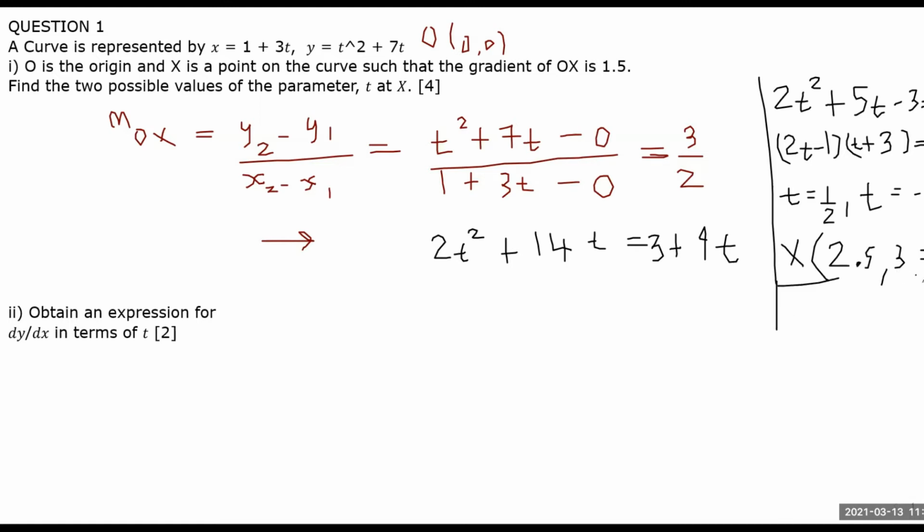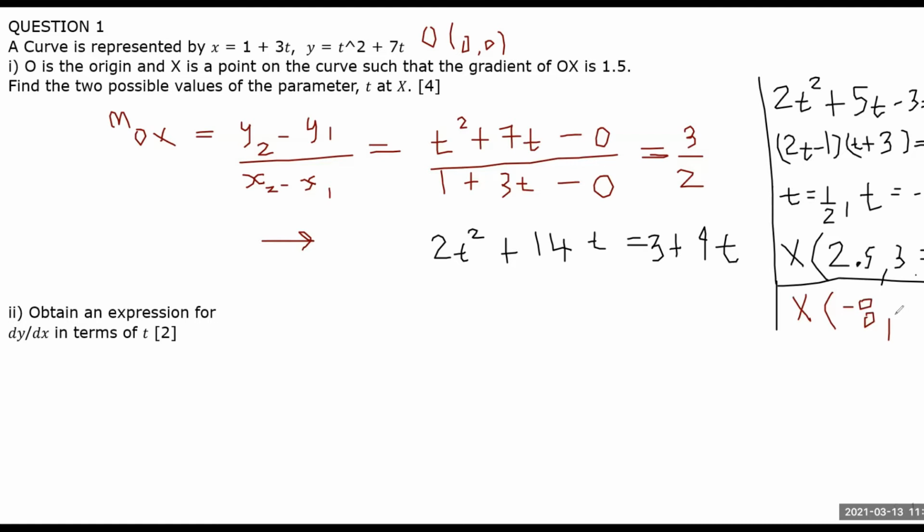Another possible point is when t is minus 3. Putting minus 3 in here, 1 plus 3 times minus 3 is negative 8, and the y-coordinate is negative 3 squared plus 7 times negative 3, which is negative 12.